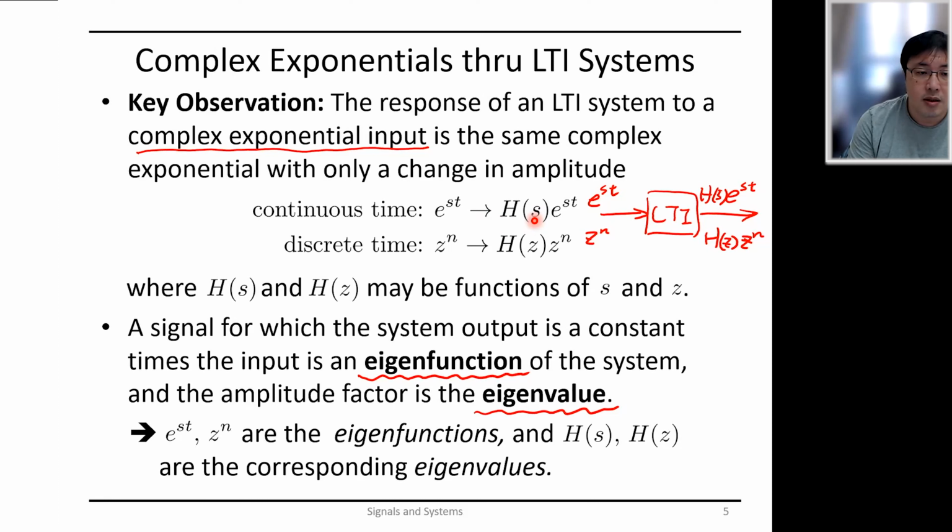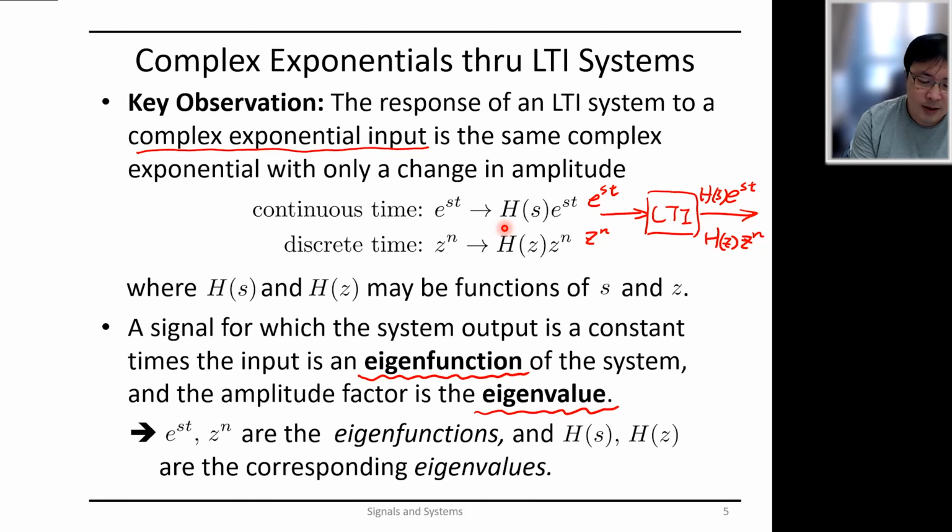So the reason for wanting to look at complex exponentials is because these functions are eigenfunctions of linear time invariant systems, meaning that if you input the signal, you will get the same thing at the output except for this additional constant in the front.